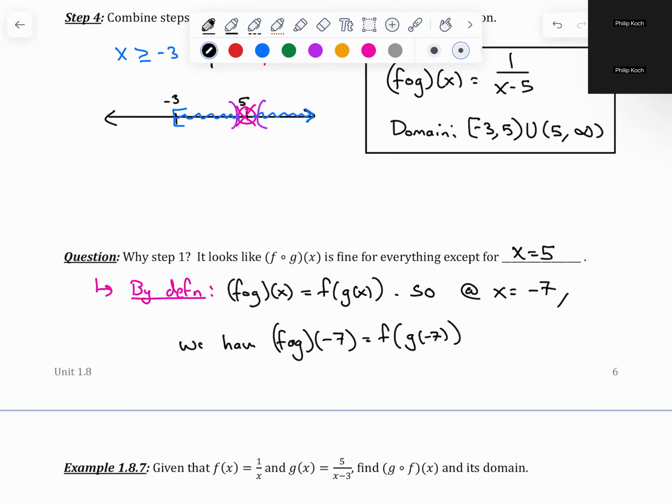Don't worry, once we write it all out, because I know it's a lot of writing, we're going to explain what's going on afterwards. But g of -7 equals the square root of -7 plus 3, which is the square root of -4, which is not a real number. In the context of this course, it does not exist because we only want to work with real numbers. So I'll let everyone write it down and then we'll explain.